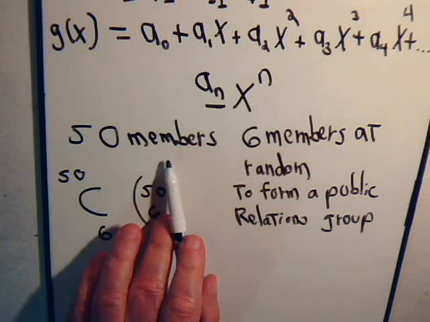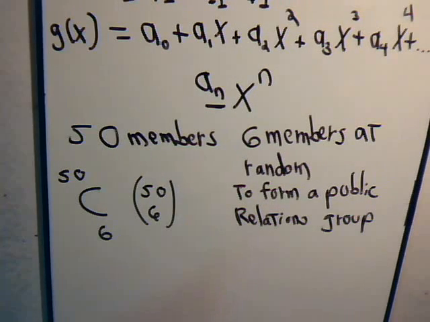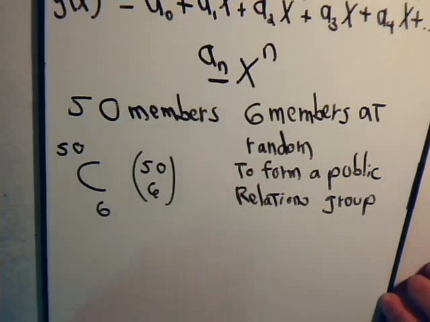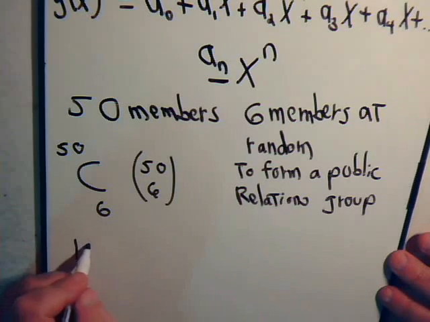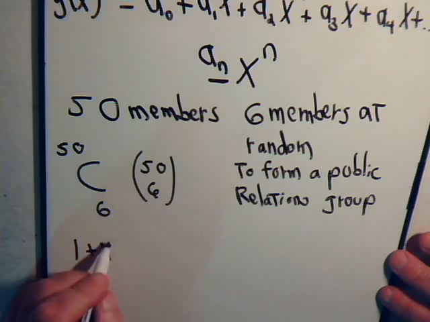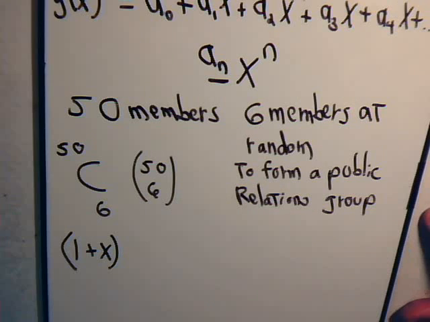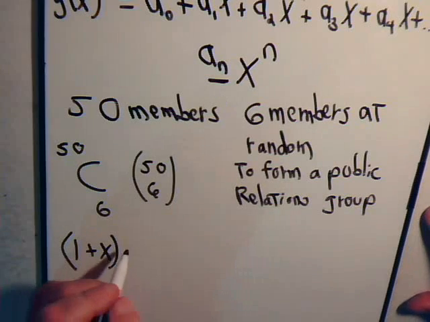There are 50 members, and for each member, they may be selected or they may not be selected. So for each member, we can think of an individual generating function of 1 plus x. That particular person may not be chosen, or they may be chosen once.